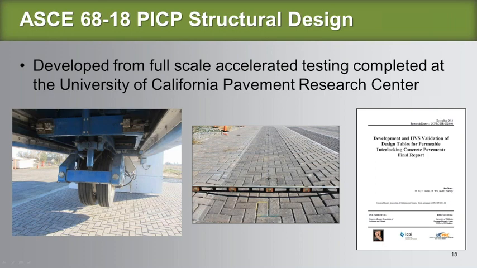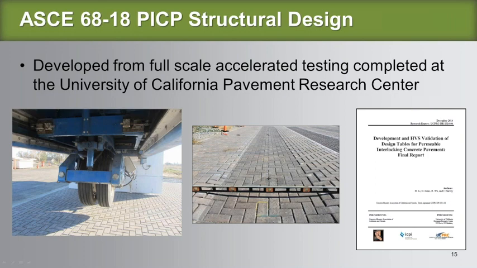So we decided we needed a mechanistic approach to this, and the industry got together and sponsored a research project at the University of California, Davis, to build full-scale sections of permeable interlocking concrete pavement, and then to literally put hundreds of thousands of loads on this pavement using an accelerated load tester you see on the left. It went back and forth, back and forth, literally for months.